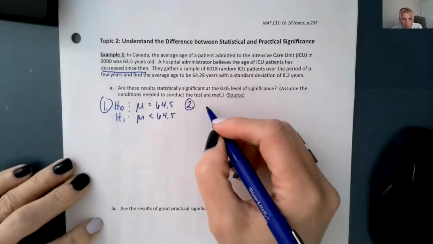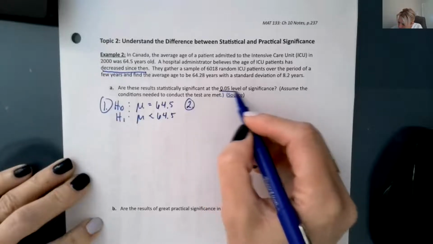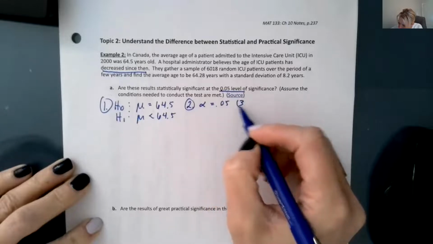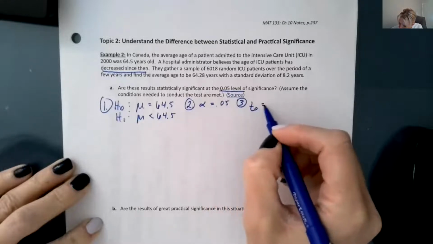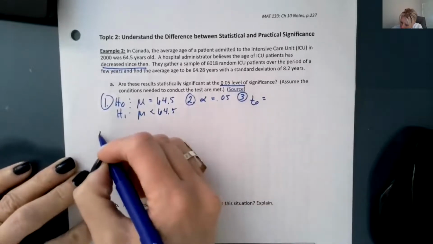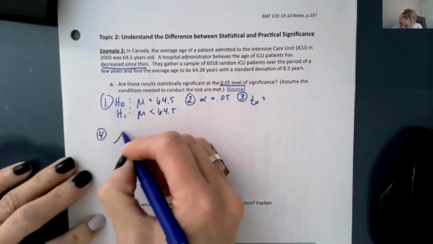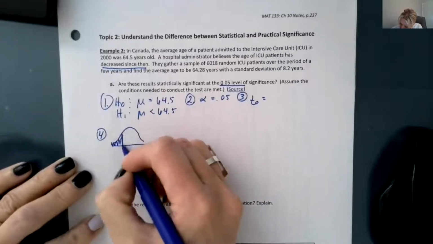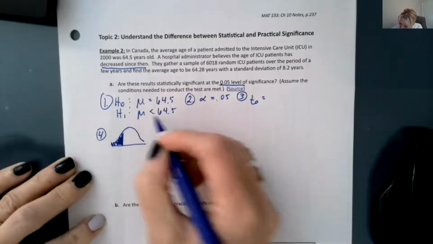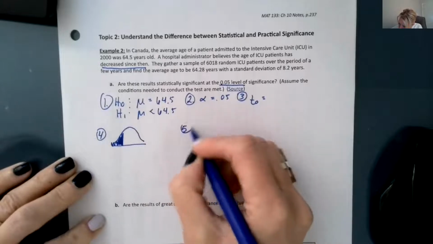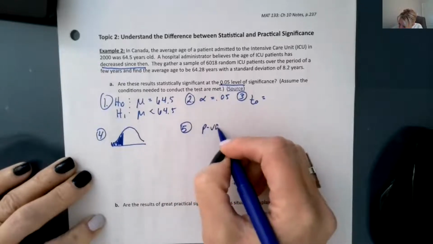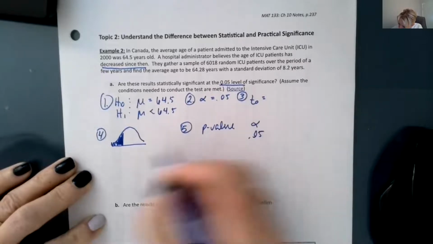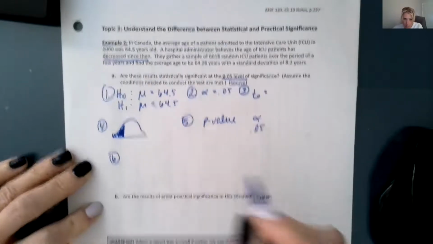The alpha, the level of significance, is 0.05. Our T0 we will get from StatCrunch. Our picture is going to be left-tailed from our hypothesis. Then we'll get our p-value from StatCrunch and compare it to 0.05, and then we'll state our conclusion.